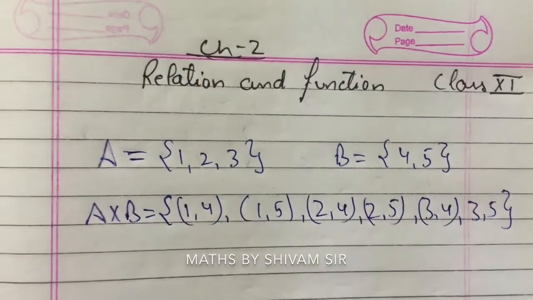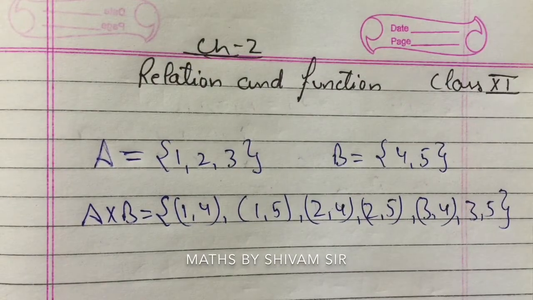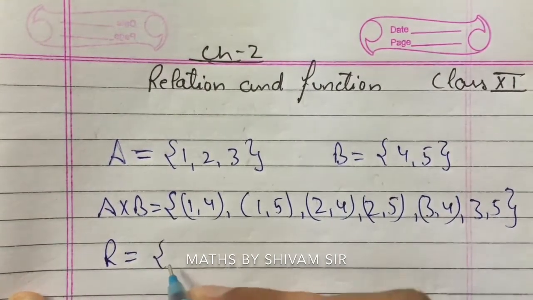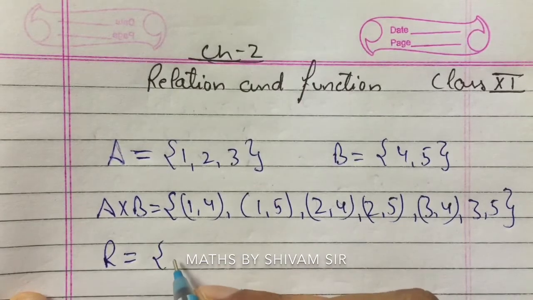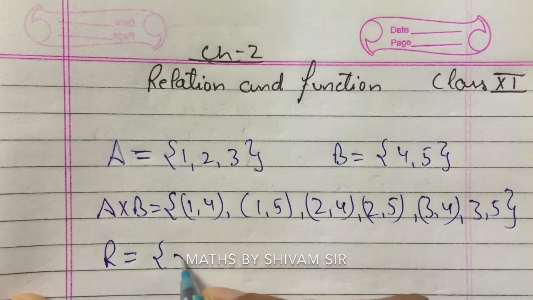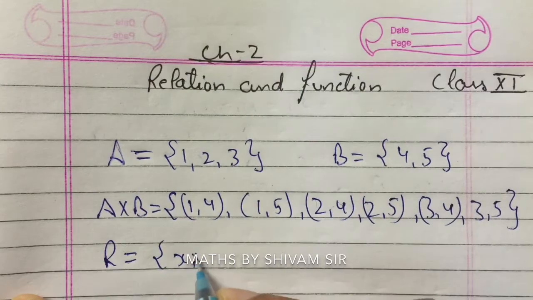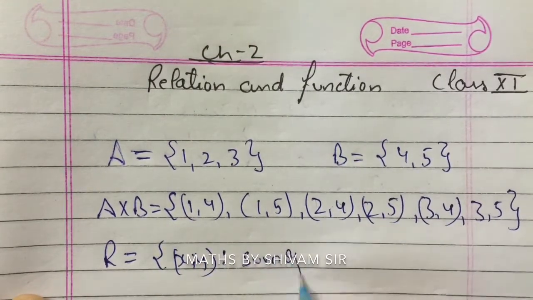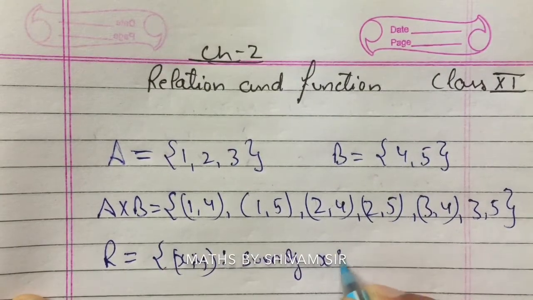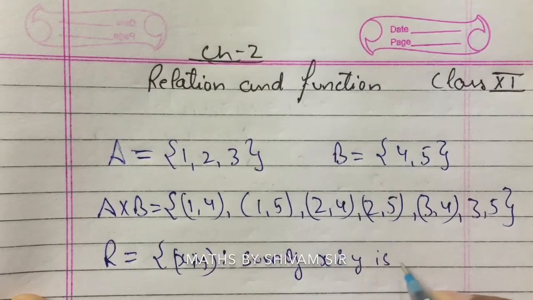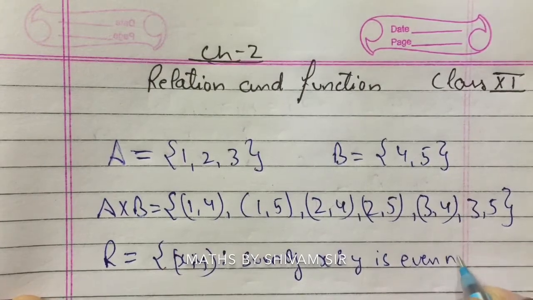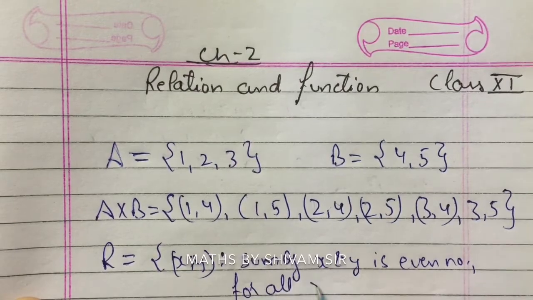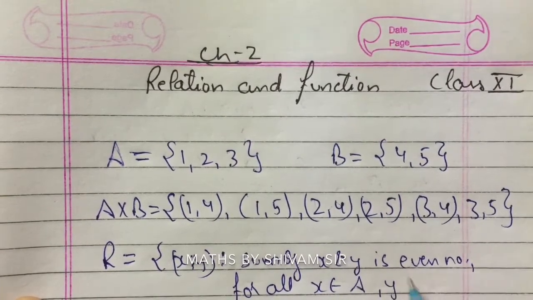Now suppose there is one relation between A and B. What is that relation? The relation is defined as R = {(x, y) such that the sum of x and y is an even number, for all x belongs to A, y belongs to B}.